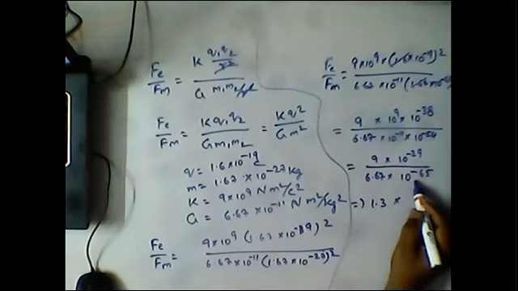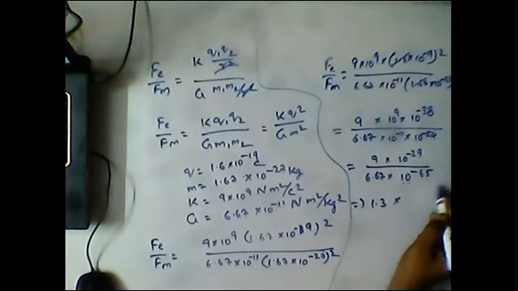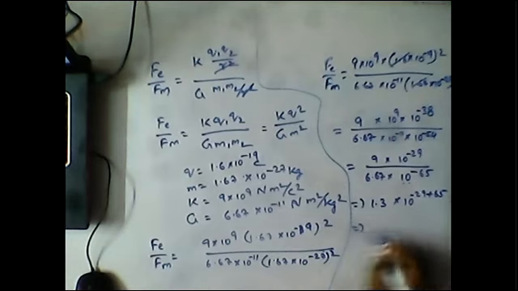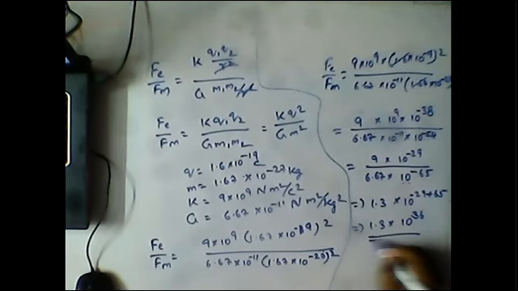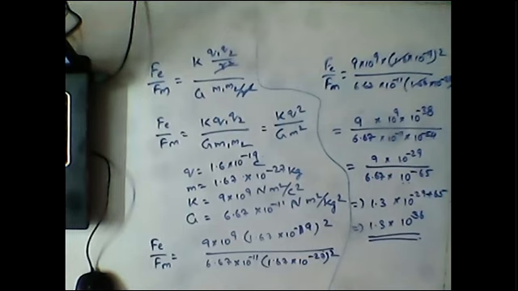And here this 10 power minus 65 goes as 10 power minus 29 plus 65. That is, we get the answer as 1.3 into 10 power 36. This is your answer. So the ratio Fe by Fm is equal to how much, guys? 1.3 into 10 power 36.